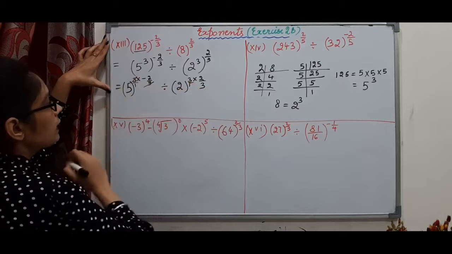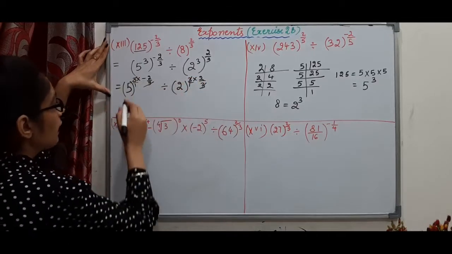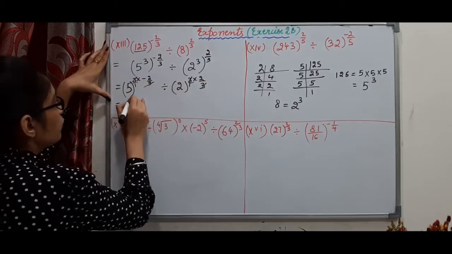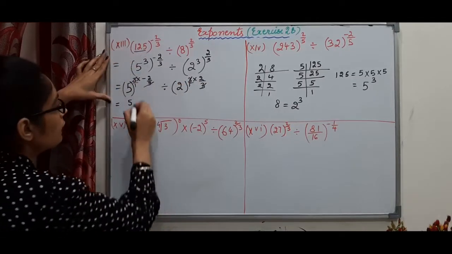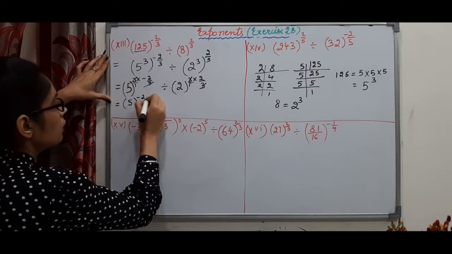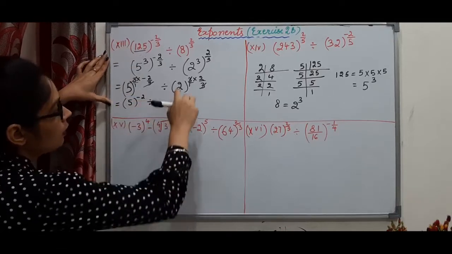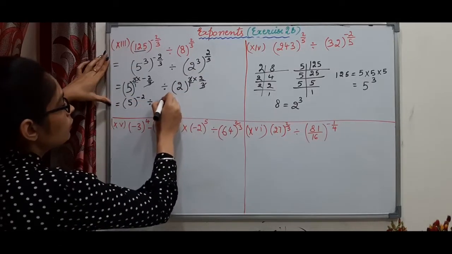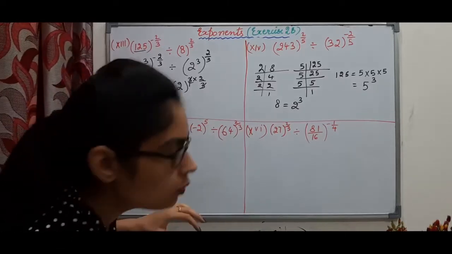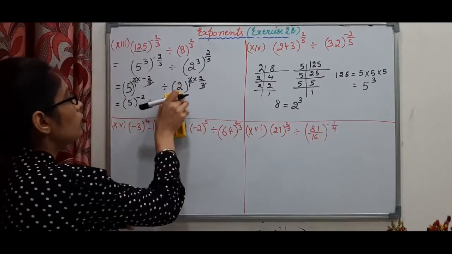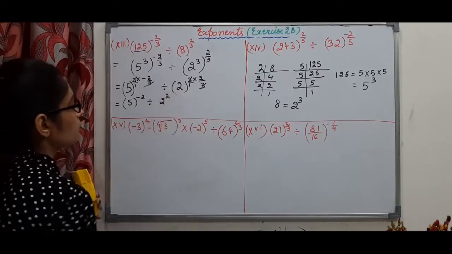So 3 and 3 will get cancelled. Here also 3 and 3 will get cancelled. So we are left with 5 to the power 1 into minus 2, which is minus 2, divided by 2 to the power 2, as 2 into 1 is 2 and in the denominator only 1, so no need to write.